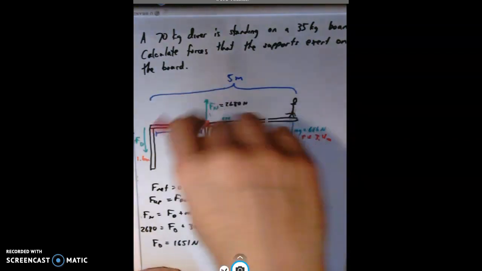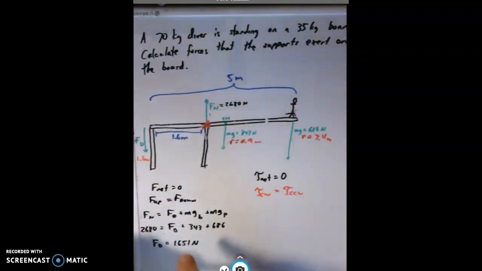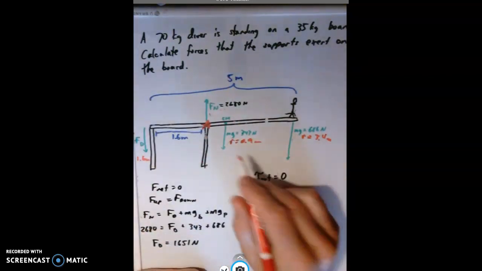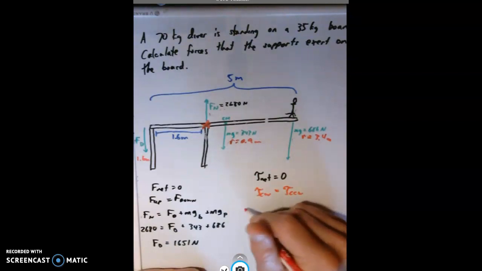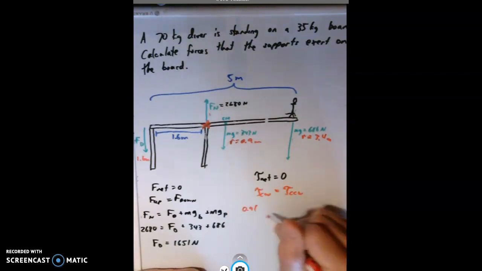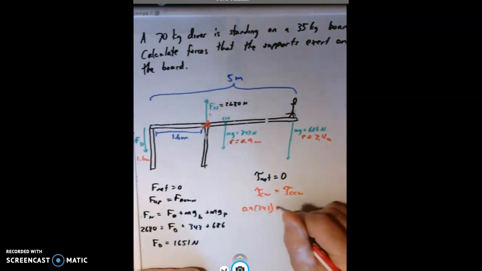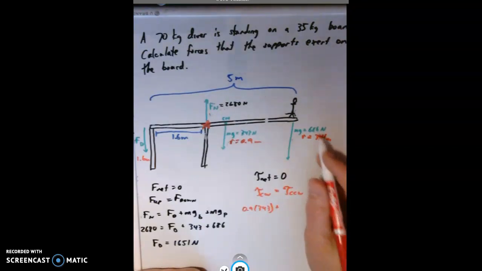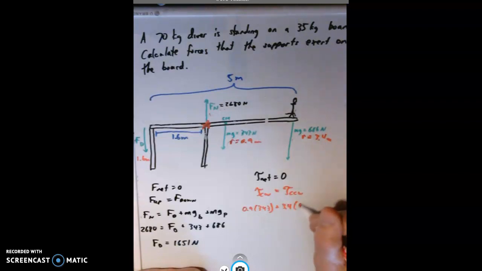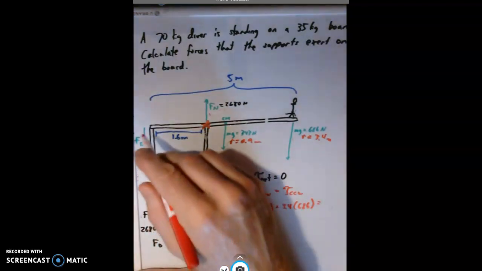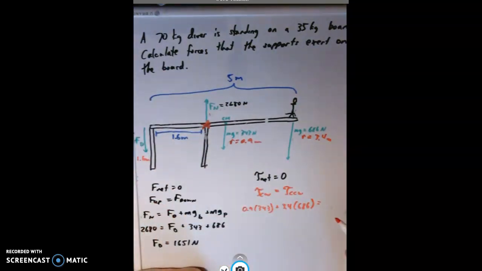Clockwise would be things pushing in this direction: 0.9 times 343 plus 3.4 times 686 equals my clockwise torque. Counterclockwise is 1.6 times my FD. And naturally, I'm going to come up with the same answer, because it is the same force.